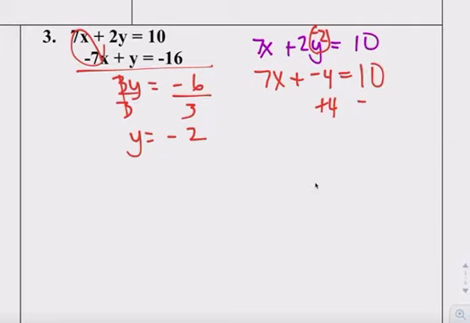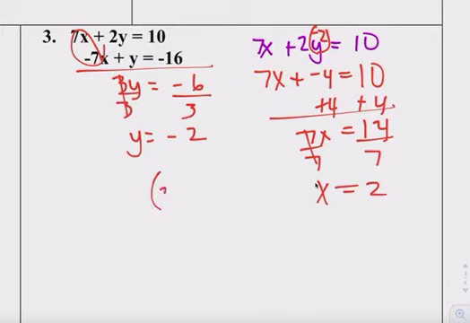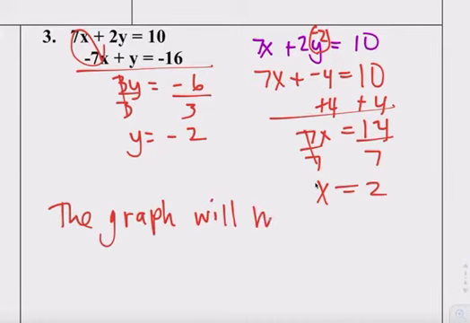Add 4 to make 0. 14 equals 7x. Divide by 7. X equals 2. So 2, negative 2. The graphs will meet at 2, negative 2. This is the solution.